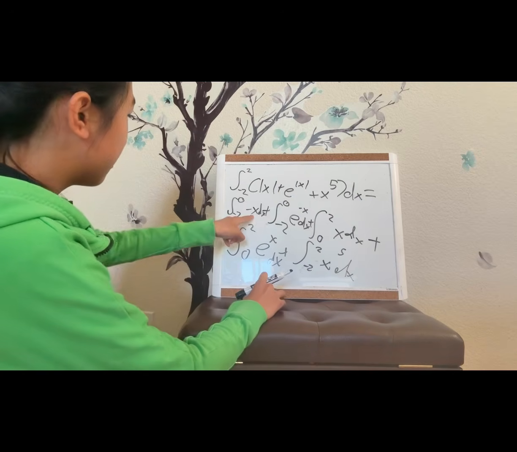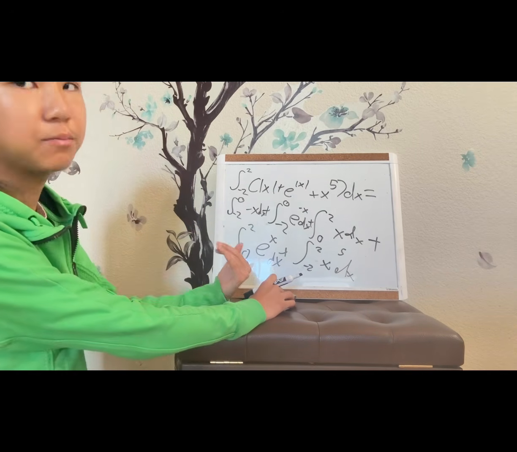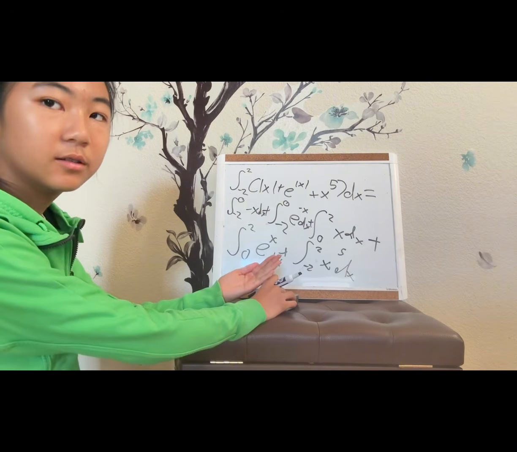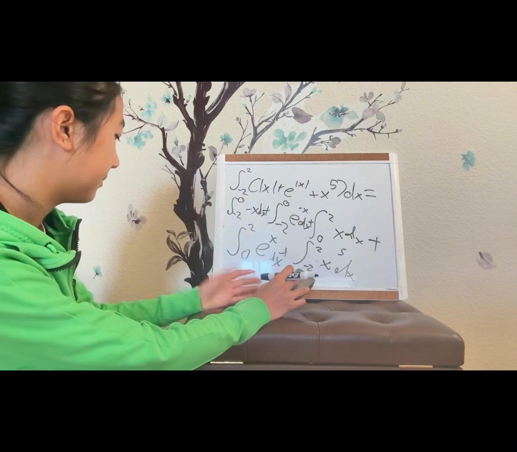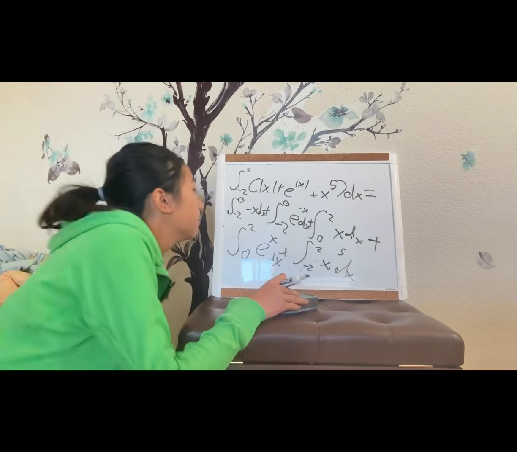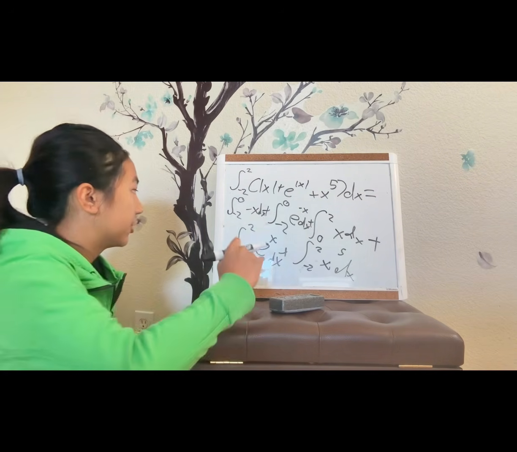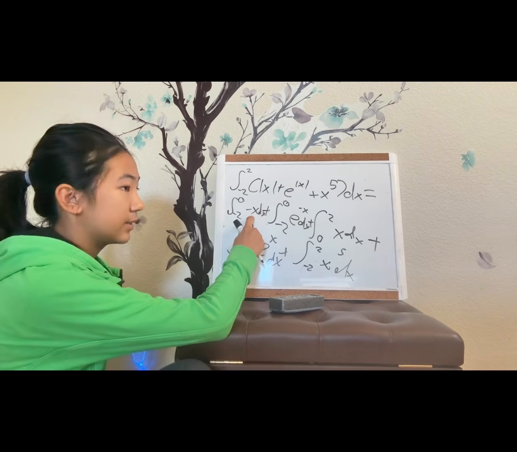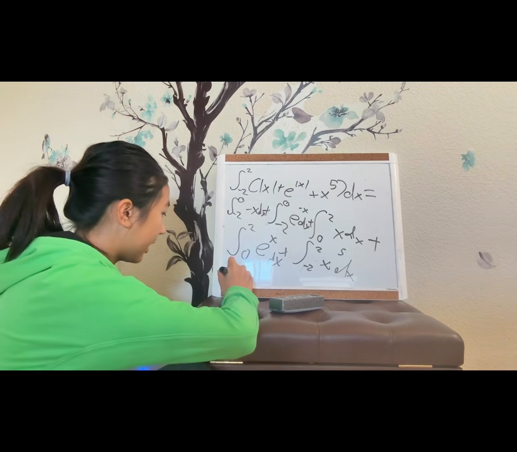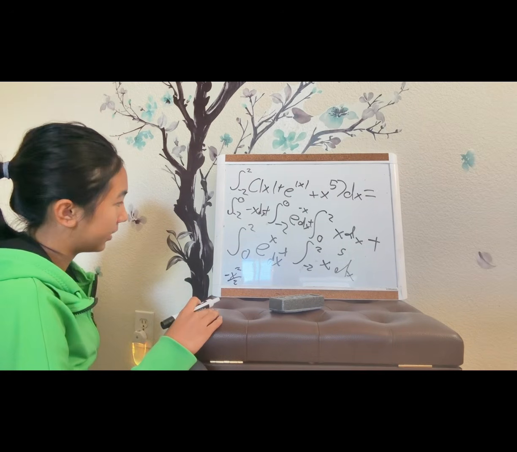So we know, as I said earlier, we need to take x to the n plus 1 power divided by n plus 1. So we know that the integration of negative x is going to be negative x squared divided by 2. Okay?